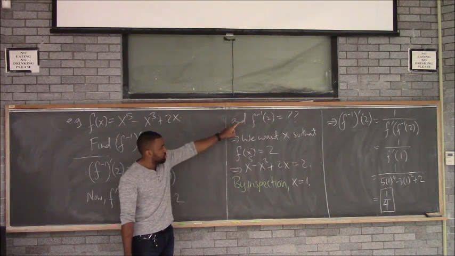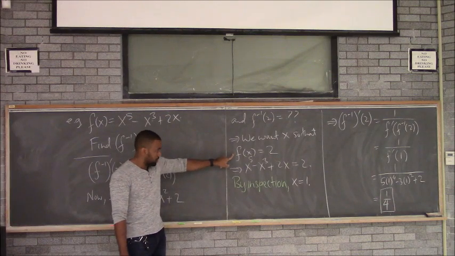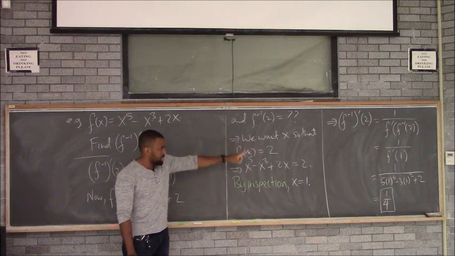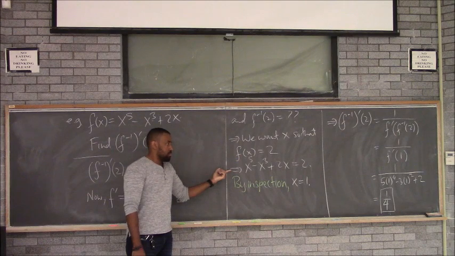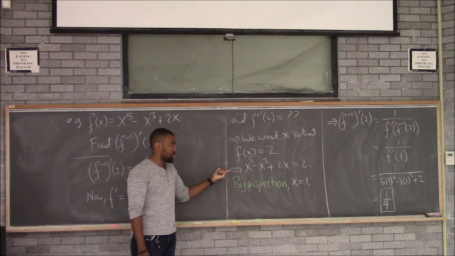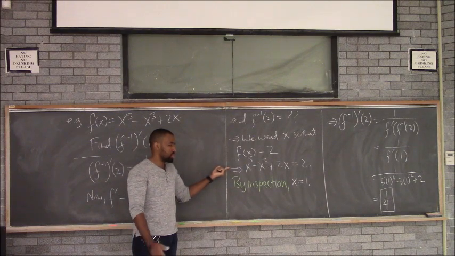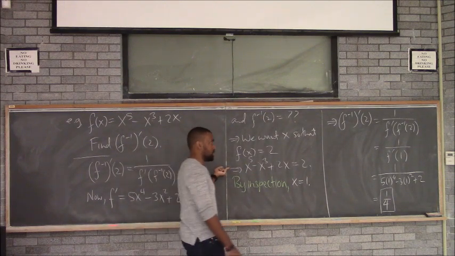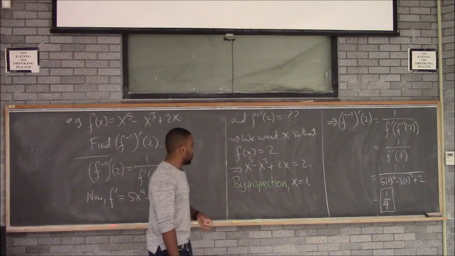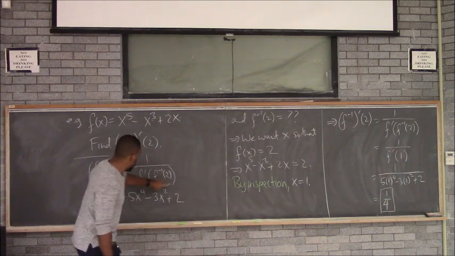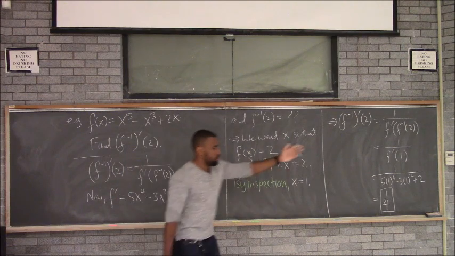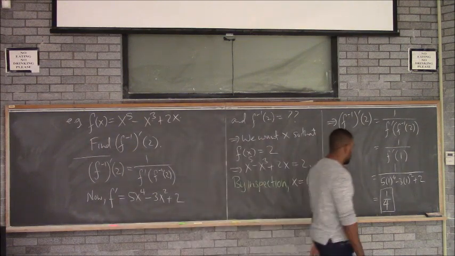The input for the inverse is the output of the original function. So you set the original function equal to that. Most of the time, it won't be an equation you can actually solve. So you're going to, by inspection, just eyeball which x value is going to work. Usually it's going to be something you can catch on to pretty easily in Calc 1. Once you have that, you plug it in here and just compute. So the derivative of the inverse is a quarter.